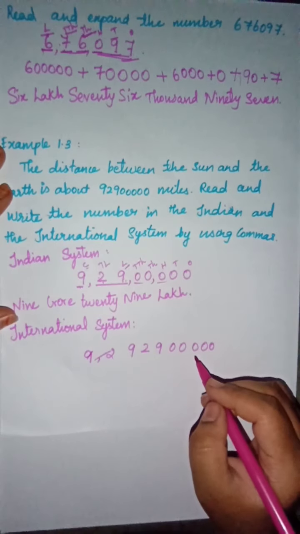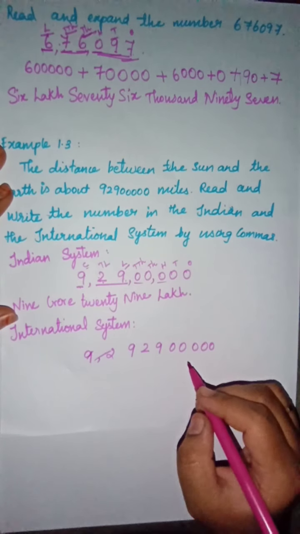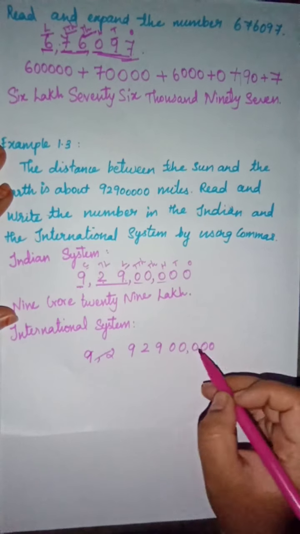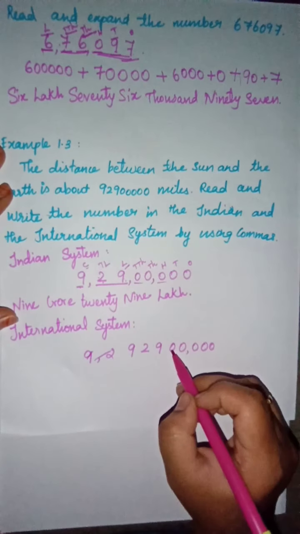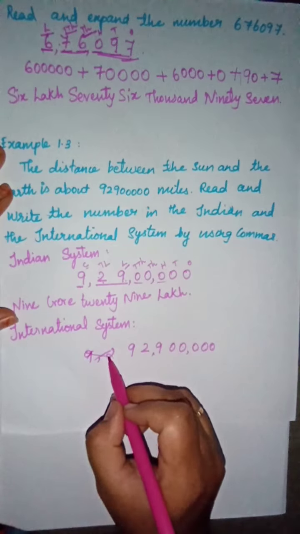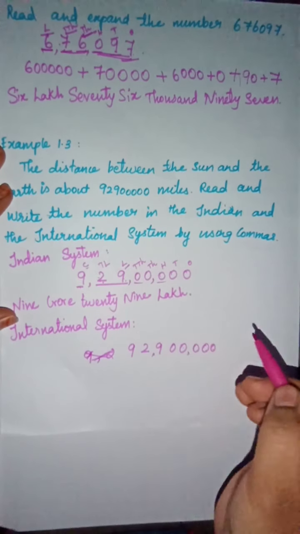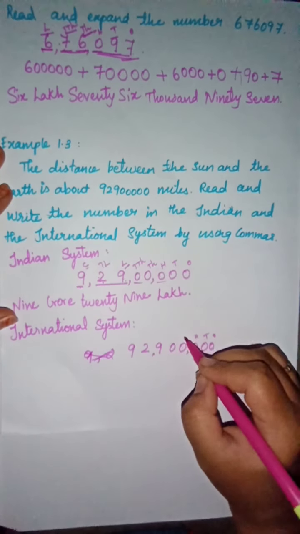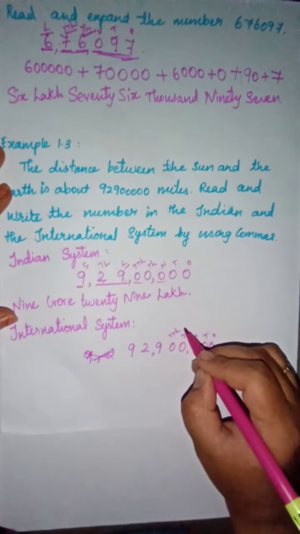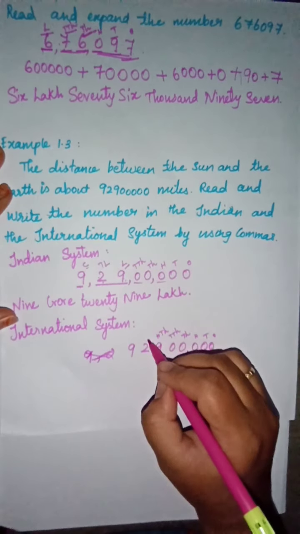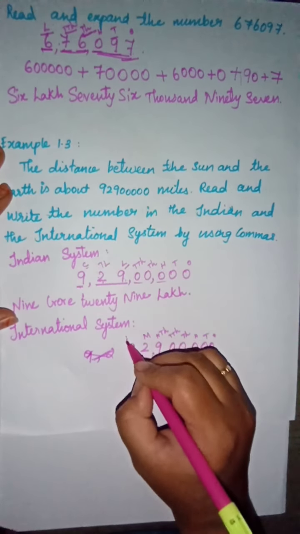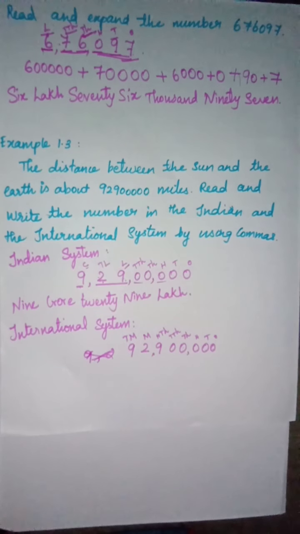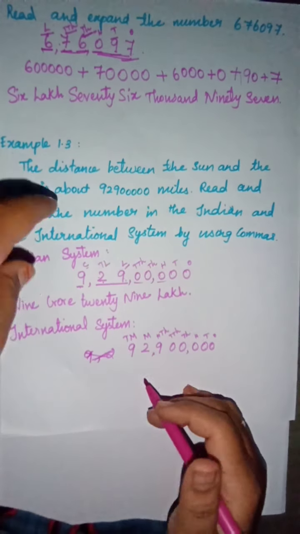Now here we are going to put commas based on the international system, that is 1 2 3 comma 1 2 3 comma 1 2. Now we have to write the place value here also: ones, tens, hundreds, thousand, 10,000, 100,000. Next, million, 10 million. So after 1,000 in the international system, what will come? Million.